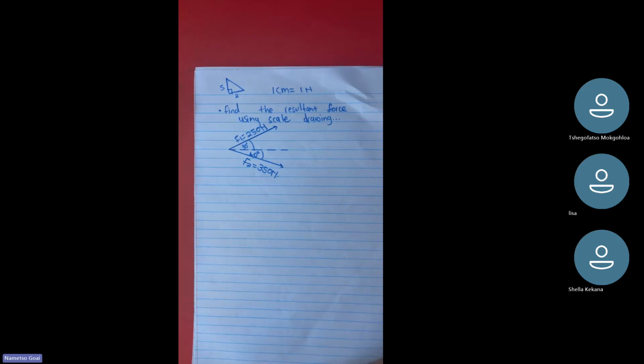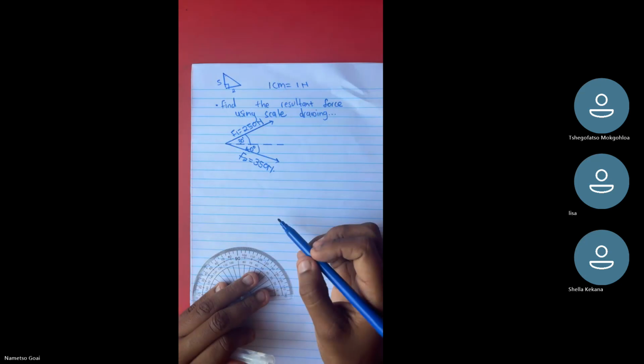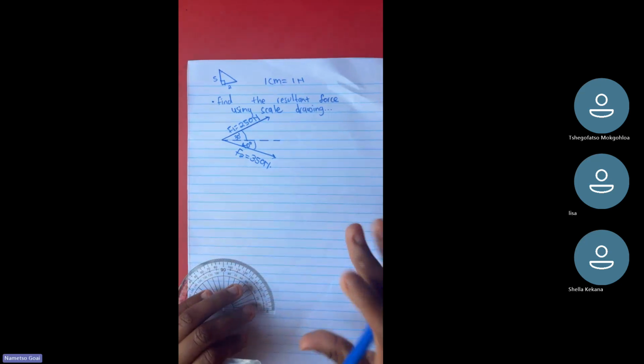Okay, fine. Now, this is where your protractor is going to come in, because at first you have angles. Make note of that. You have angles, so you'd need your protractor to be able to measure out where a particular angle is, right? So we're going to make a dot over here.